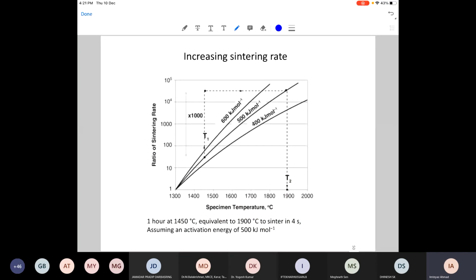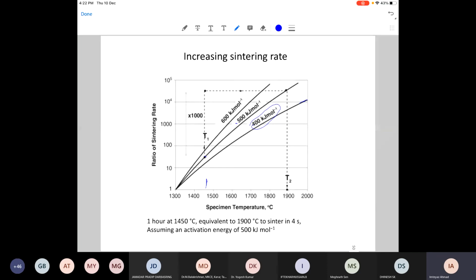So I will just give one example here. If you are at lower temperature, let's say for example 1500 degrees C, this curve actually gives you, let's say if you require 400 kilojoule activation energy for the sintering to happen per mole, or let's say the example of 500.